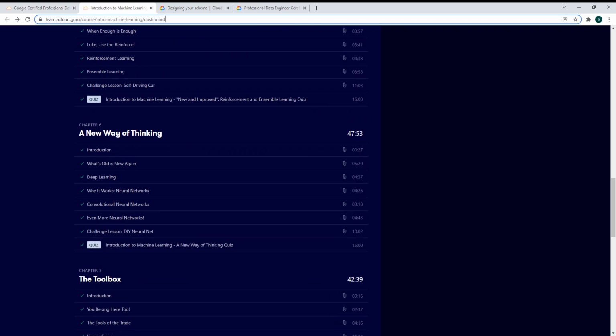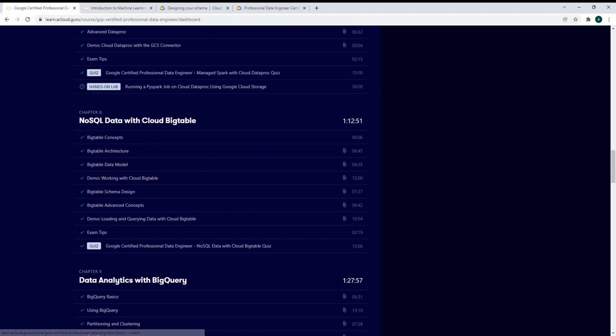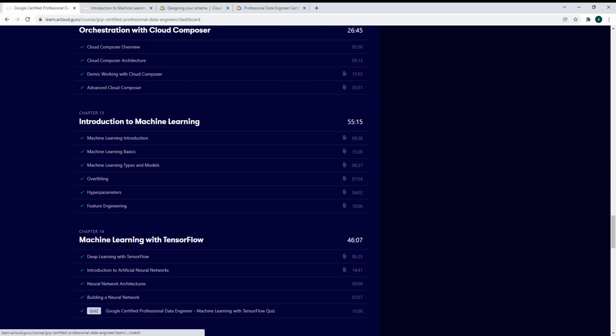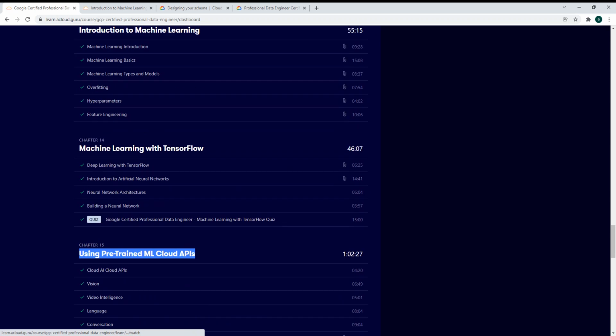And after that, I followed this. I also went through this section, which is Google pre-trained machine learning Cloud APIs, which is generally used and quite useful. This is from Google Cloud, and shows how it is being used.